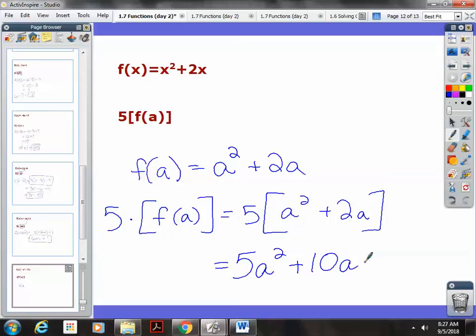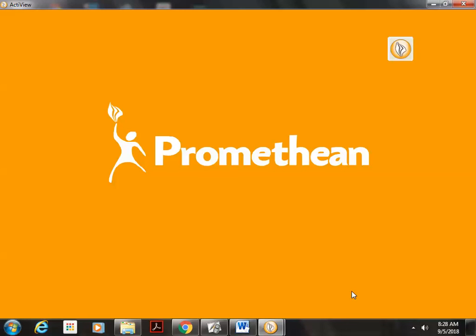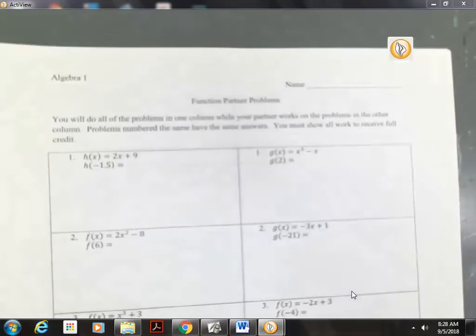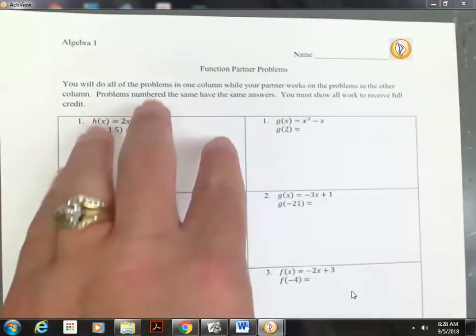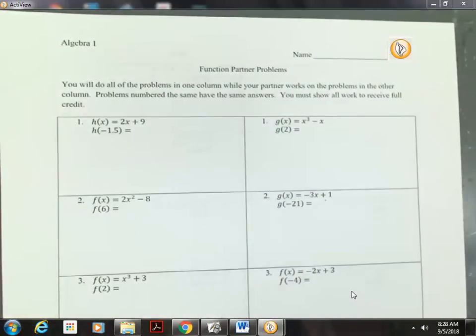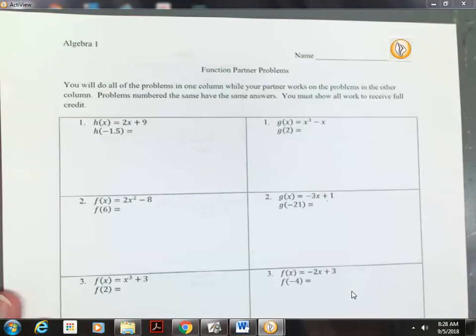Okay, so these are called partner problems. So to work these partner problems, somebody is going to pick the first column. So Kaysen, you'll pick one column. Olivia, you'll pick the other column. Doesn't matter which one you pick.